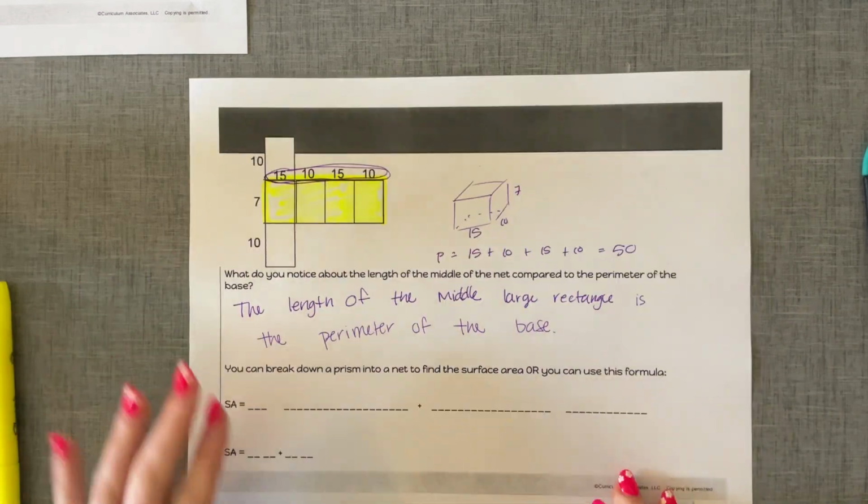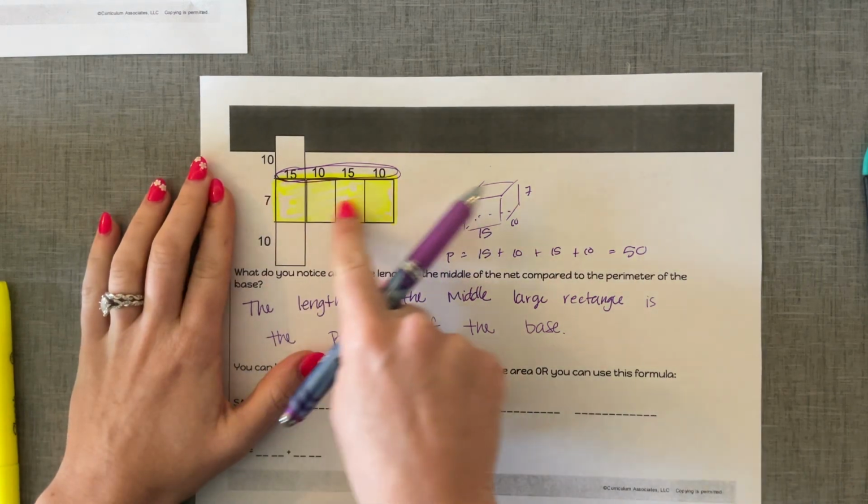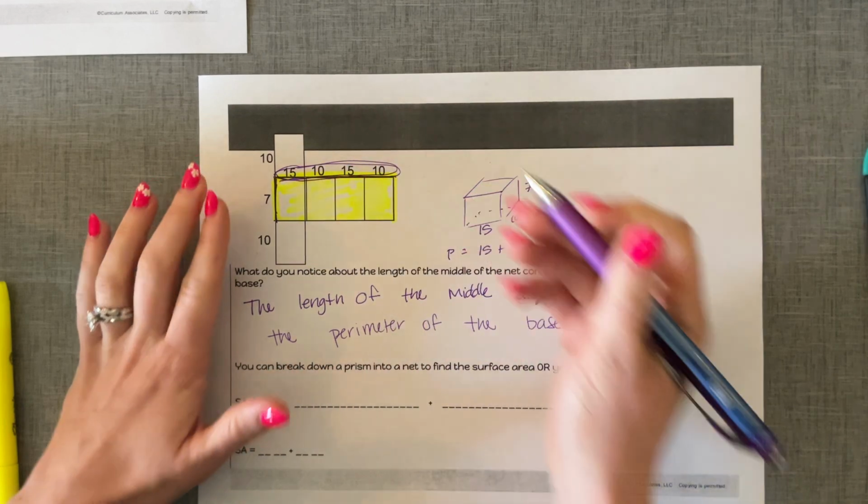Okay. So we can actually use this to find surface area to make a formula, okay? So I have the perimeter of the base times the height of the prism.